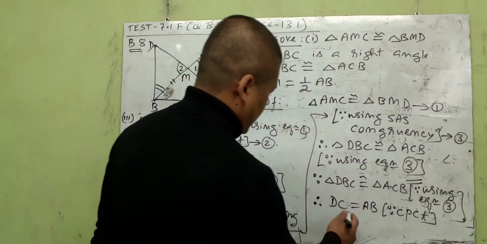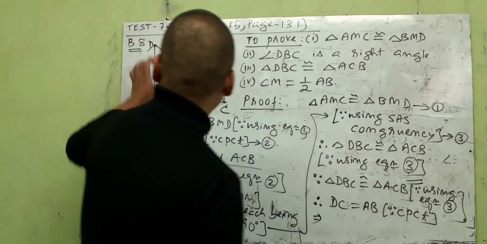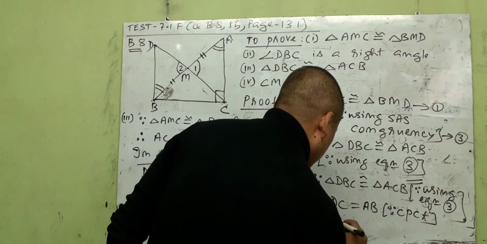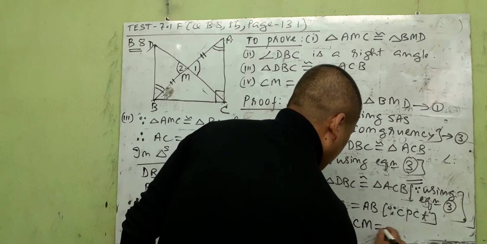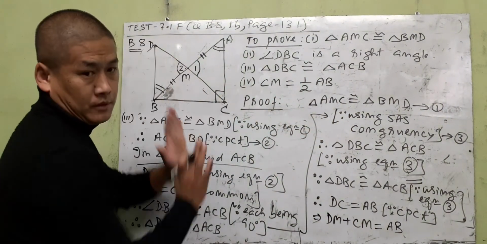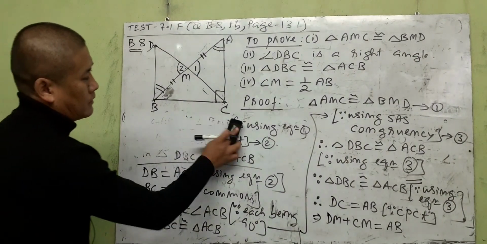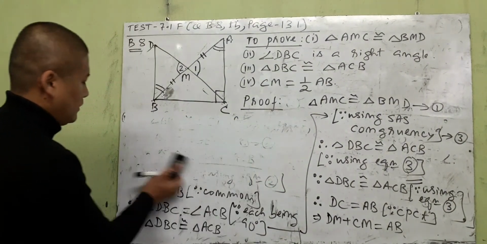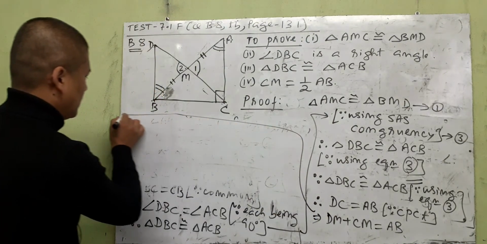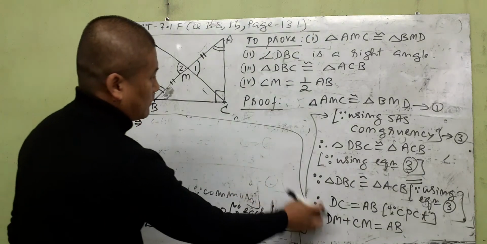That implies DC is DM plus CM. So DM plus CM equal to AB. We are just breaking up DC into DM plus CM. That's common sense, right? We don't need DM, so let's evaluate that.